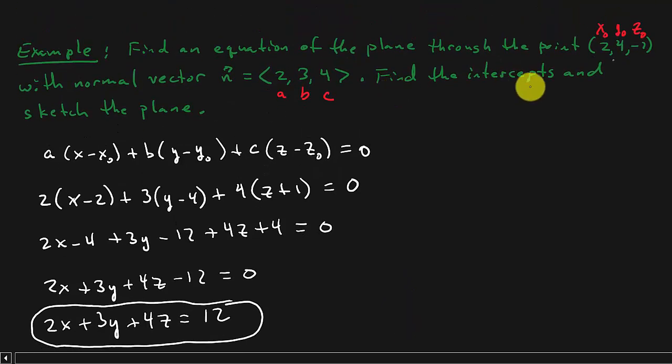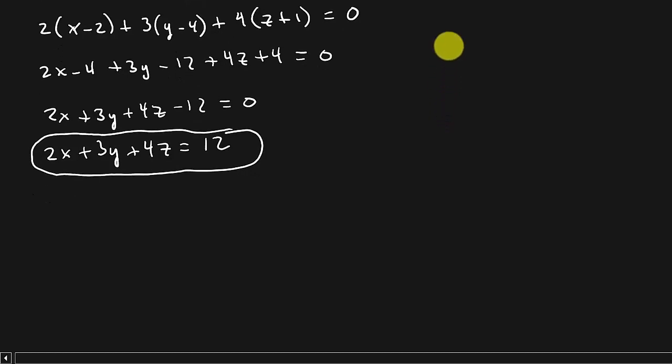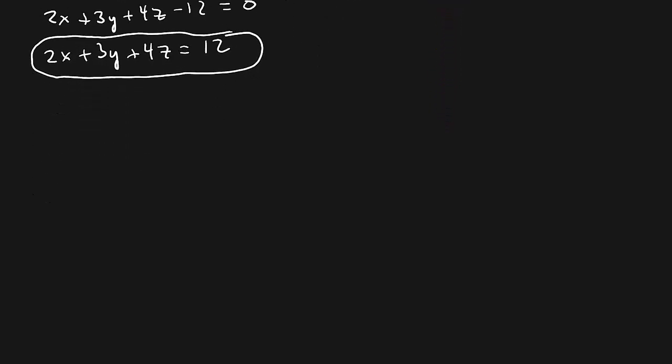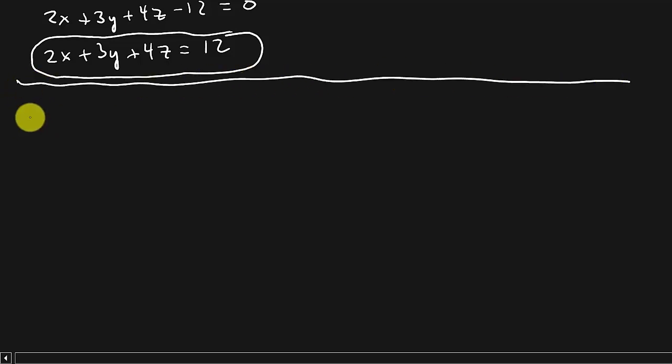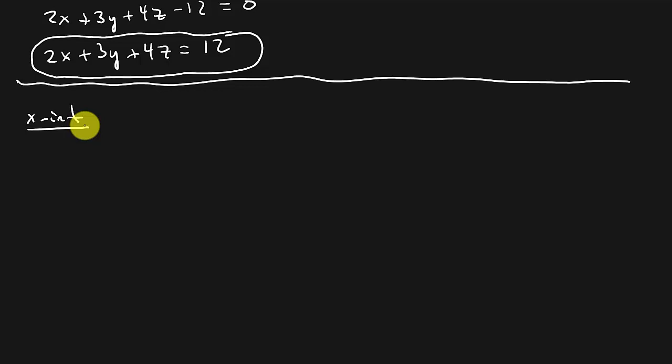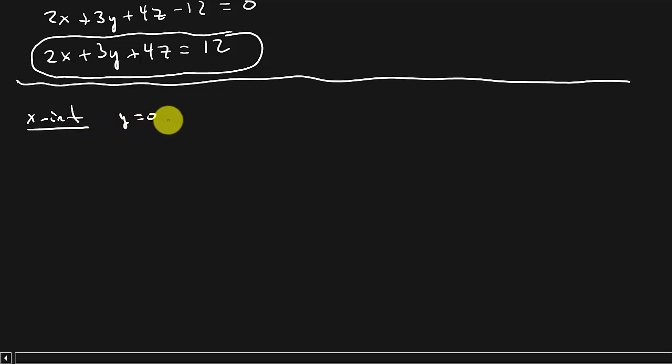Then it says find the intercepts and sketch the plane. All right, so we want to find the intercepts. So this is the next part. So the x-intercept, okay, so what's the x-intercept? That's when that point is on the x-axis. So that means y is equal to 0 and z is equal to 0.